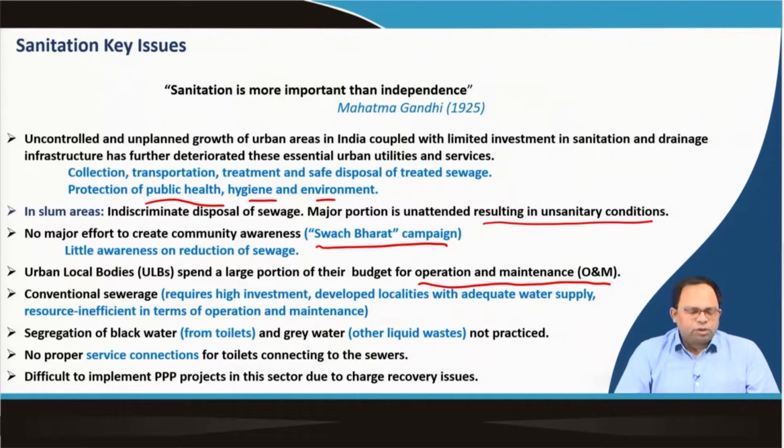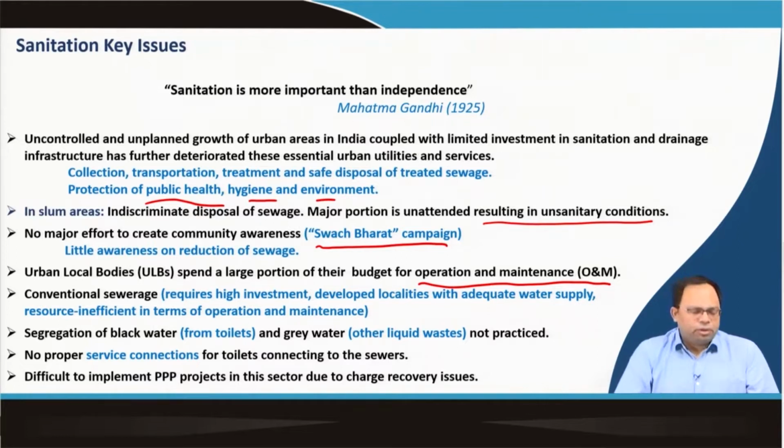So, many of our cities do not have this kind of system, and investing in a conventional sewerage system is probably not a good idea, because in many areas we see issues like theft of infrastructure or pipelines, and sometimes the system is underutilized, which leads to chokage and blockage of the pipelines.